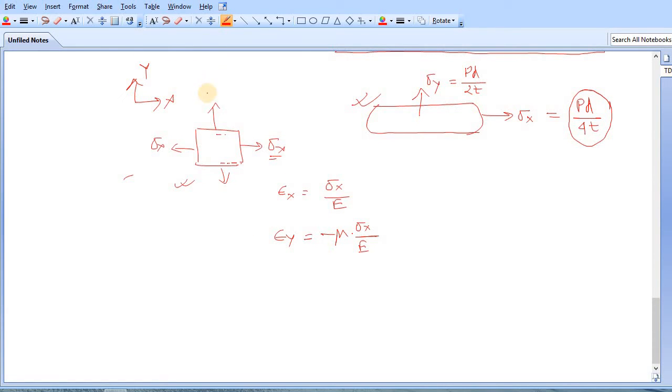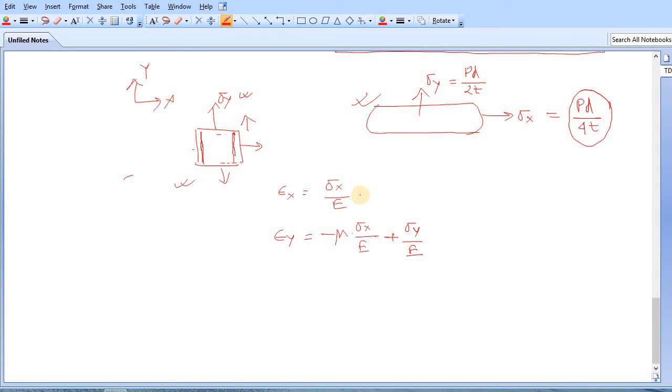Clear? Now apply sigma y. Let's say now there is no sigma x. Due to this sigma y, what is the change in the y direction? In the y direction, simply the strain will be positive, that is your sigma y by modulus of elasticity. And again, due to this sigma y, in this direction there will be lateral contraction.